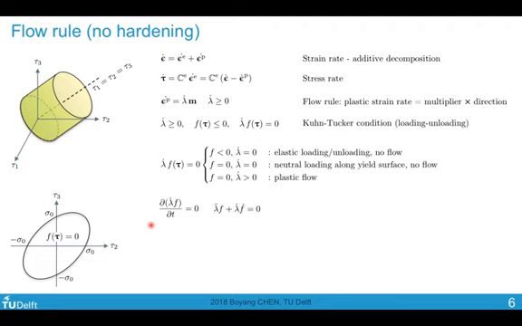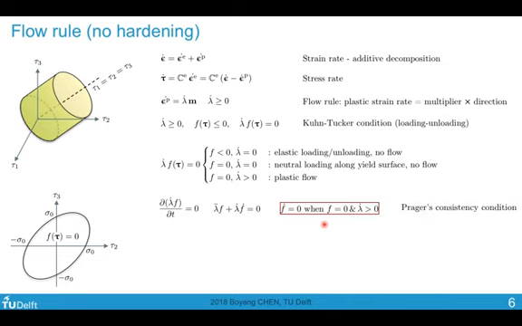We can then decompose it, and if we focus on the last condition where the plastic flow is happening, we can see that f equals 0, so the first term goes away. Lambda dot is larger than 0, so in order to satisfy this equation, we must have f dot equals 0. So this is our condition. When plastic flow is happening, we need to have both f and f dot equal to 0. This is the so-called consistency condition.